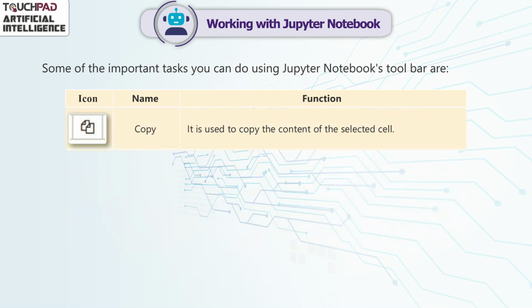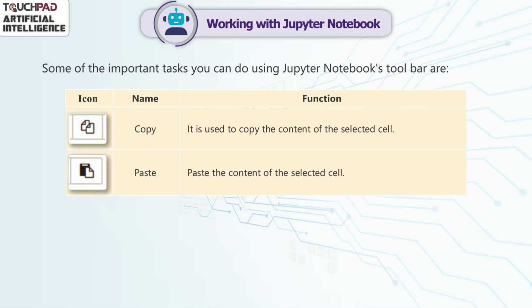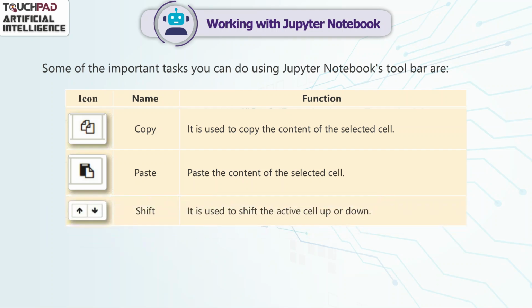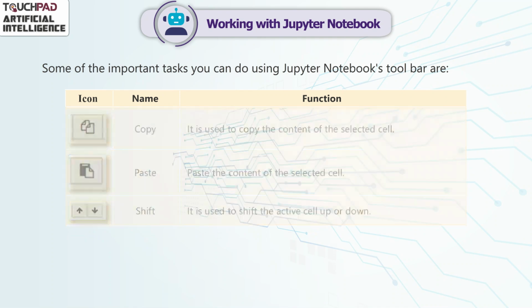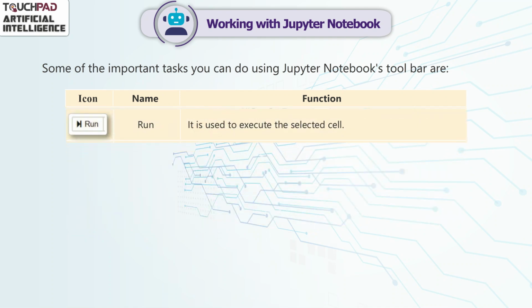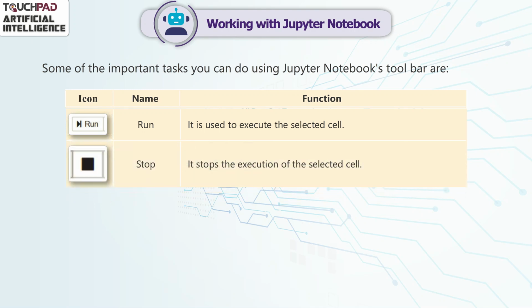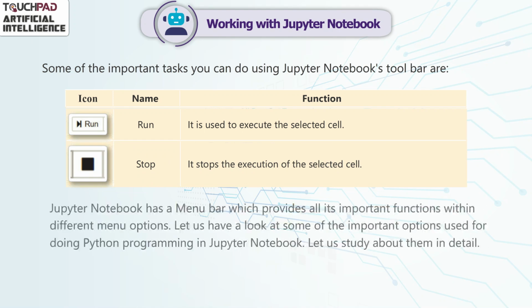Copy. It is used to copy the content of the selected cell. Paste. Paste the content of the selected cell. Shift. It is used to shift the active cell up or down. Run. It is used to execute the selected cell. Stop. It stops the execution of the selected cell.